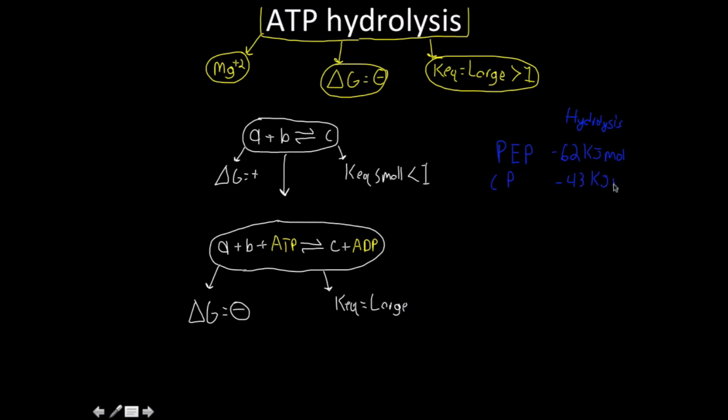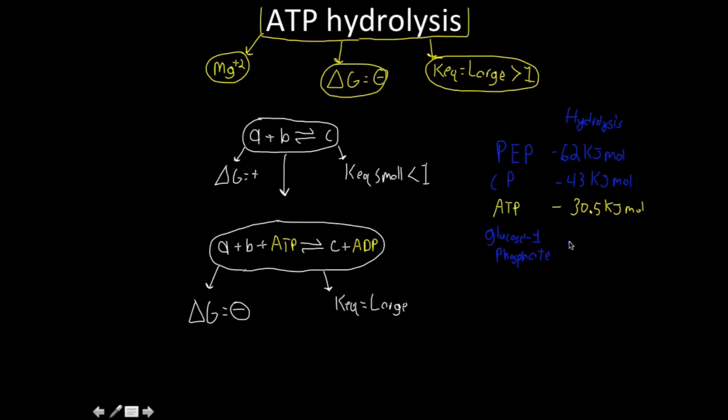These are all just theoretical yield amounts. If you look at ATP in your chart, ATP gives off around 30 kilojoules per mole, about 30.5, and I'm not stressing the numbers here. The other phosphorylated molecules in our body would be like glucose 6-phosphate.